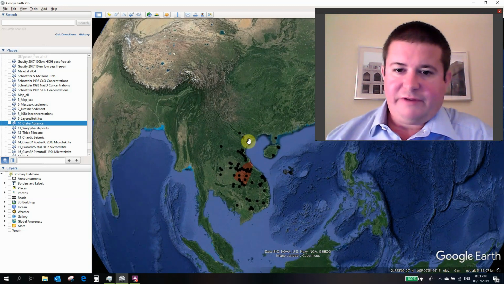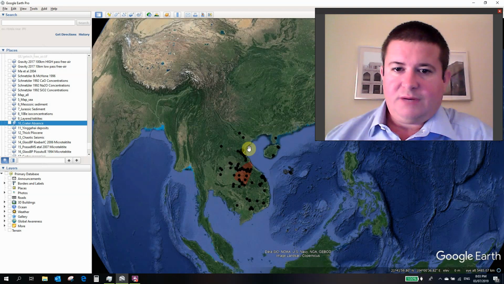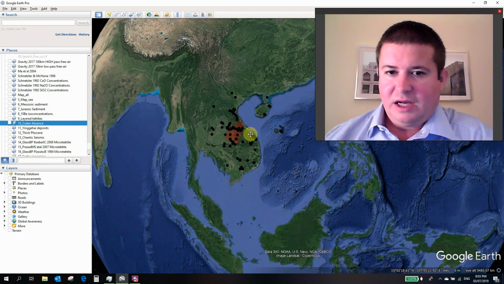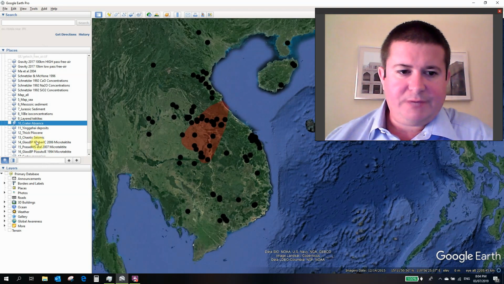It's fed by rivers along here. The Red River is the main source of sediment, coming basically from the Himalaya area. A lot of sediment coming into here. This is a pull-apart basin, with extremely thick sediments here. We'll go over that in a little bit.